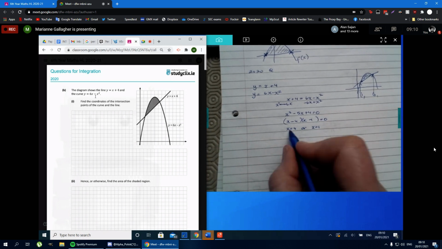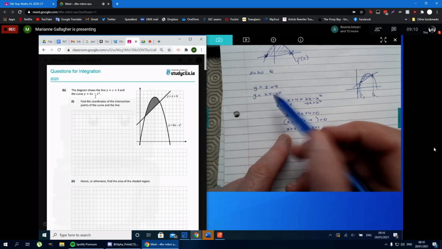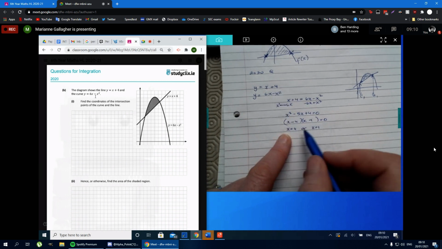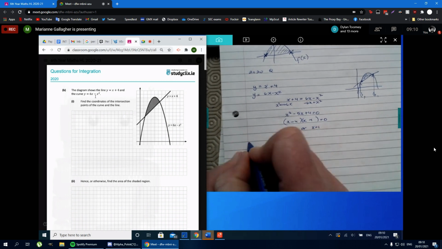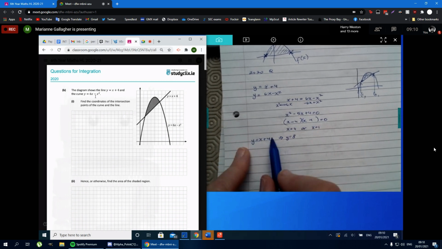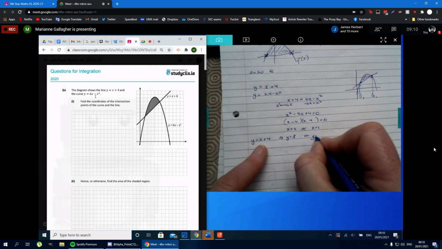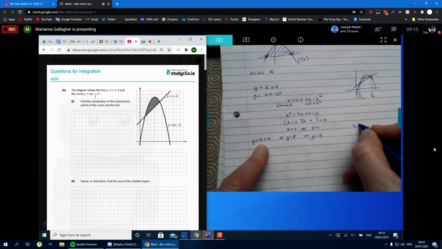We need to find the y to go with each of those. If x is 4, you can use either of these functions because they're both the same at these points. Obviously the line is easier to work out. If x is 4, then y is equal to 8. I'm just writing that there to show I'm using this function. If x is 4, y is 8, and if x is 1, 1 plus 4 is 5. So the coordinates are (4, 8) and (1, 5).